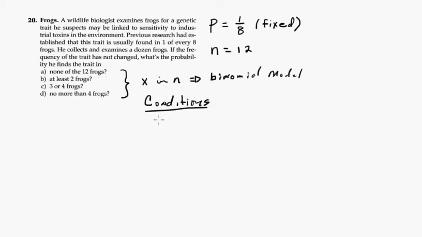So first, the success-failure condition seems to be satisfied because either they have the trait or they don't. So that condition seems to be satisfied. Now let's see, what's the other one?